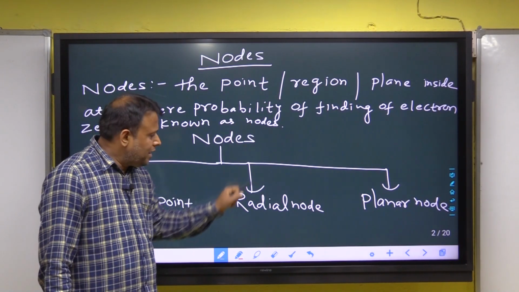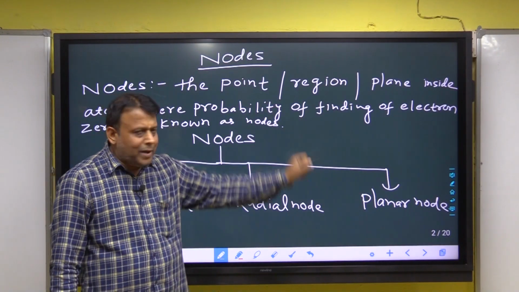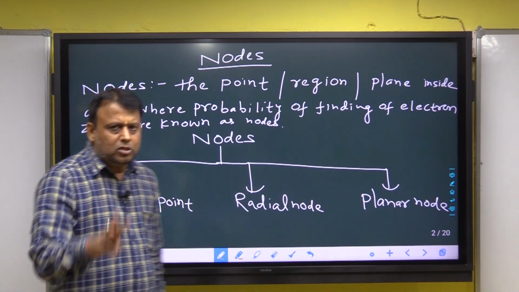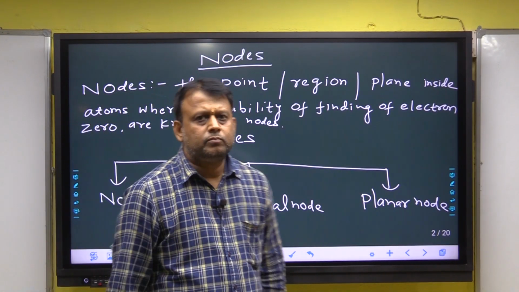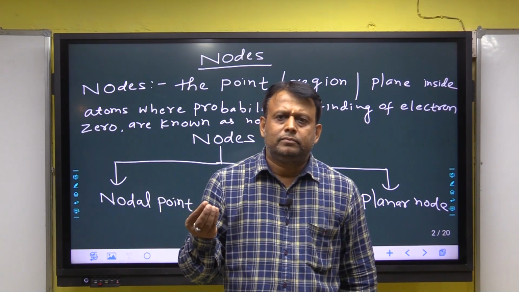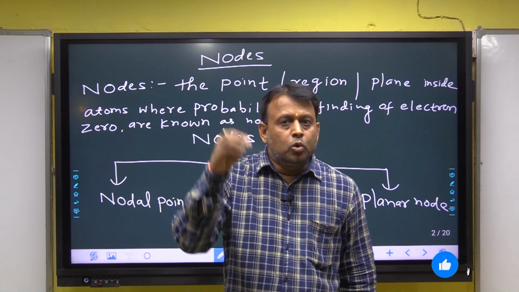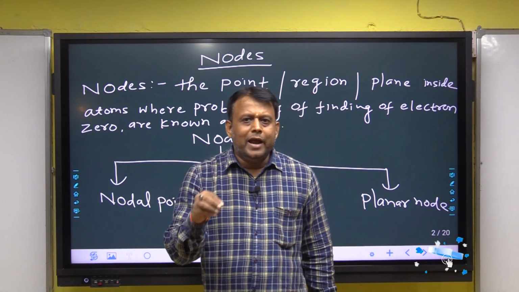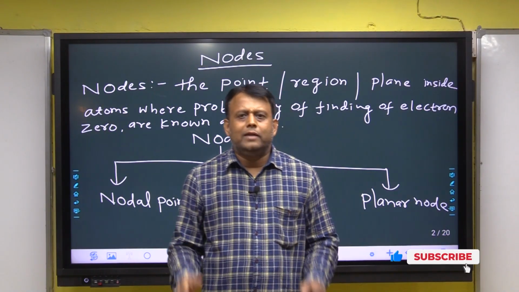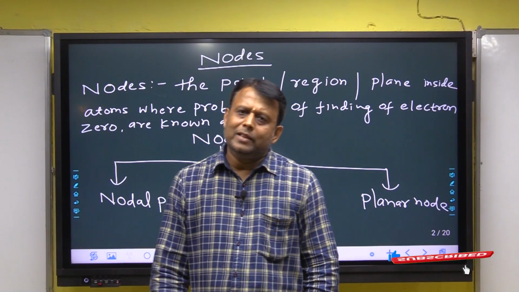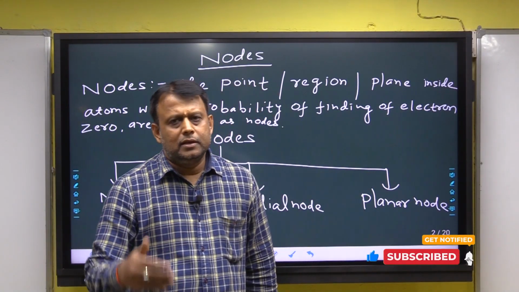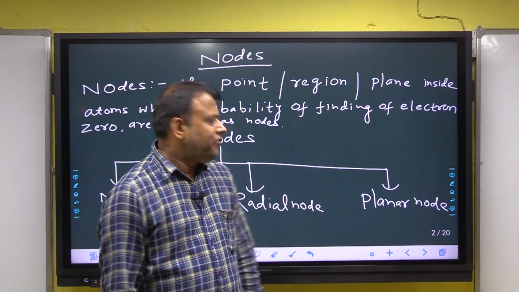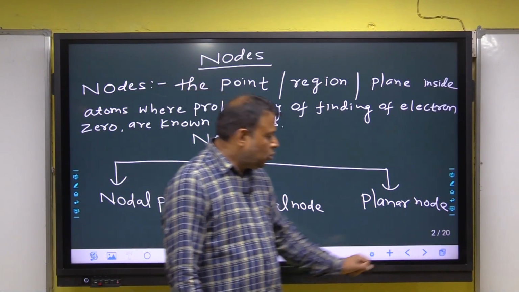From region, the radial node, and from plane, the planar node. One is the nodal point, second is the radial node, and third is the planar node. I will discuss step by step. First, the nodal point.